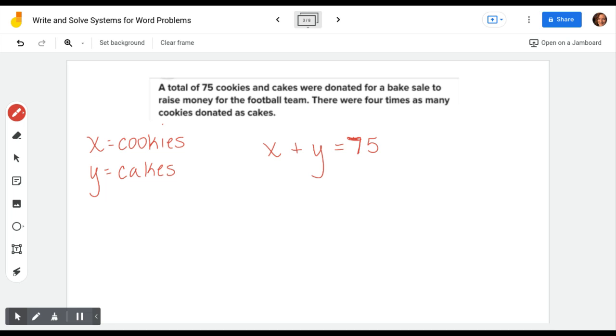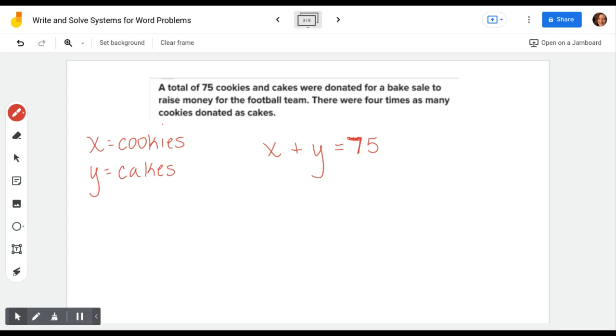That is the worst 7 ever because I tried to hide a little mark that was there, but okay. Second equation is going to show how they're related. That's where this next sentence comes in. There were 4 times as many cookies donated as cakes. So you need to ask yourself, were there more cookies or cakes, and then figure out which one's going to be getting multiplied.